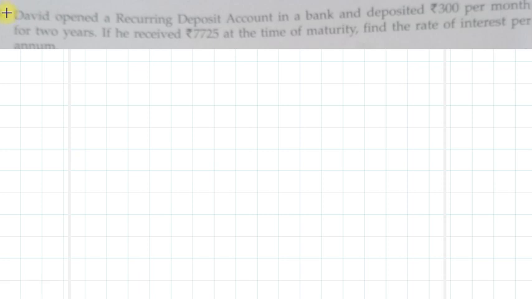So next is question 5. David opened a recurring RD account in a bank and deposited rupees 300 per month for 2 years. Right, if he received 7725 at the time of maturity, now this 7725 is the maturity value. Find the rate of interest per annum, right?